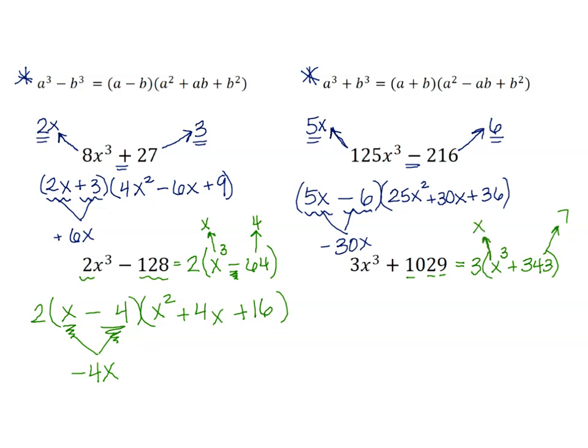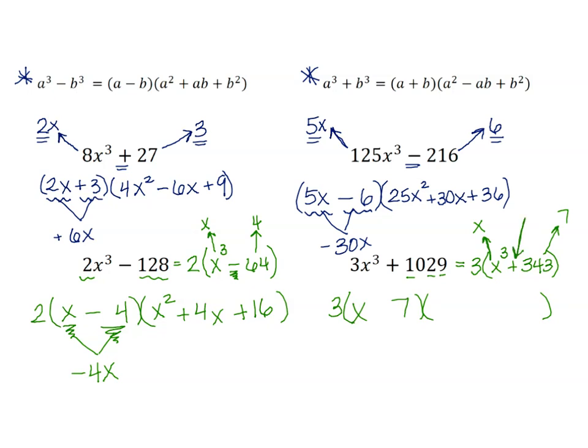The cube root of x cubed is x. So now we're ready. I'm going to have my 3 out in front, binomial, trinomial. I'm going to take the cube root of my first term and the cube root of my second term, so my x and my 7 go here.